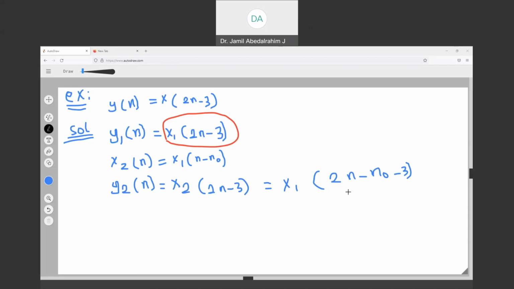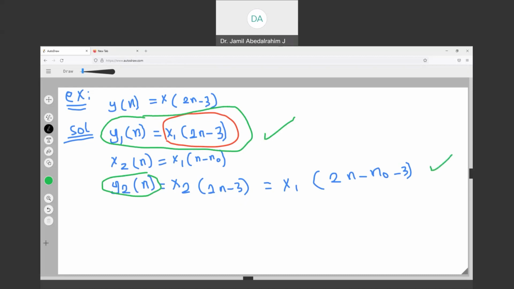So we get 2n minus n naught minus 3. That's for y2 of n. Now I have y1 of n and y2 of n.